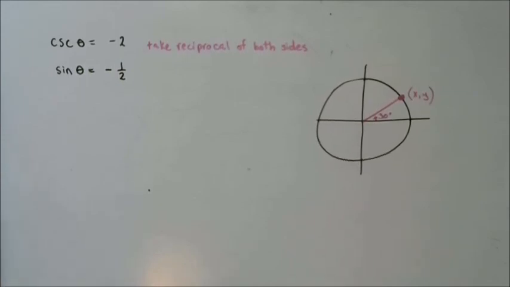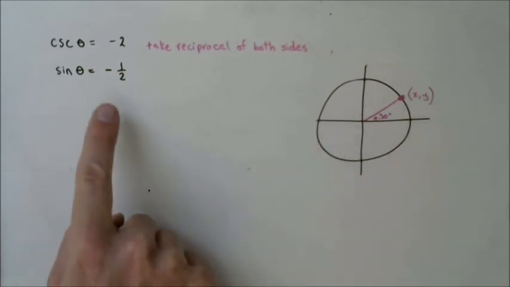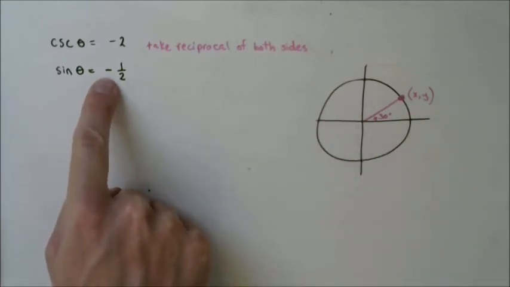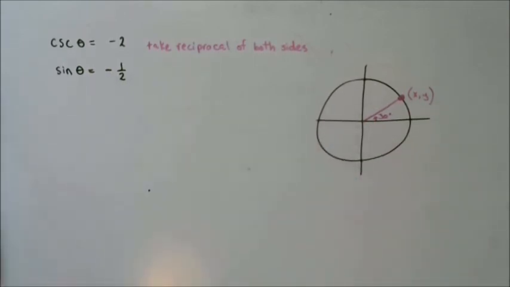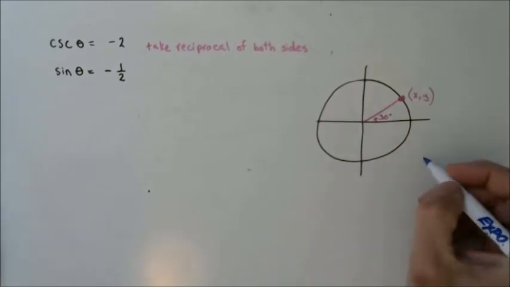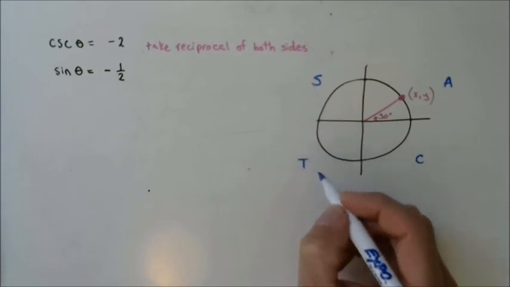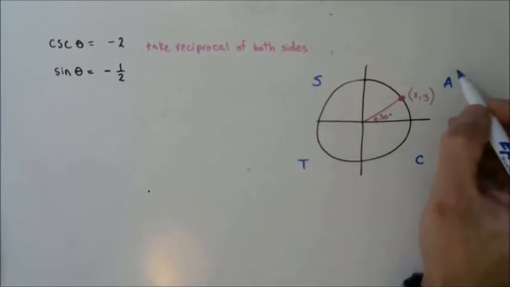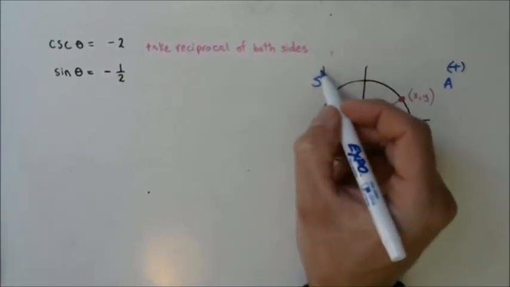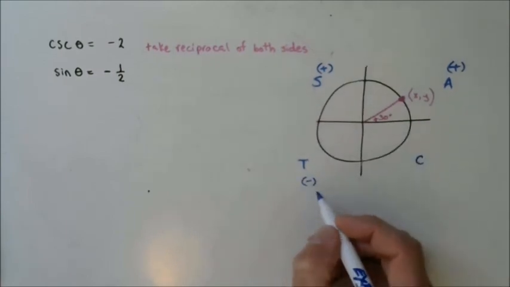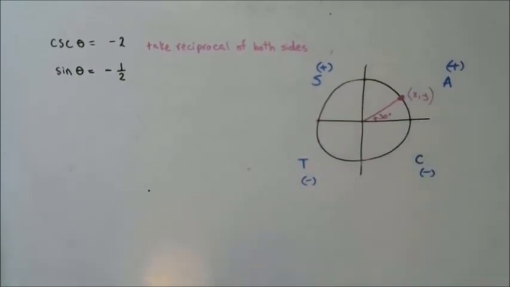And I know that the sine ratio is going to be, here it's positive, right? It's positive 1/2. Sine ratio is negative where? Well, C-A-S-T. So sine is positive here, and it's positive here, but it's negative in quadrant 3, and it's negative in quadrant 4.